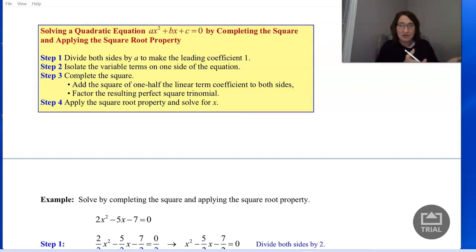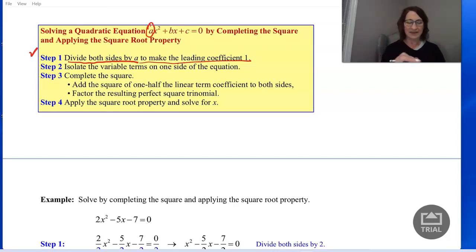And then after we complete the square, we can apply the square root property. So one of the things that's really important, step number 1, is you need to divide both sides by a so that your leading coefficient is 1. So your a is your leading coefficient. That needs to be a 1.